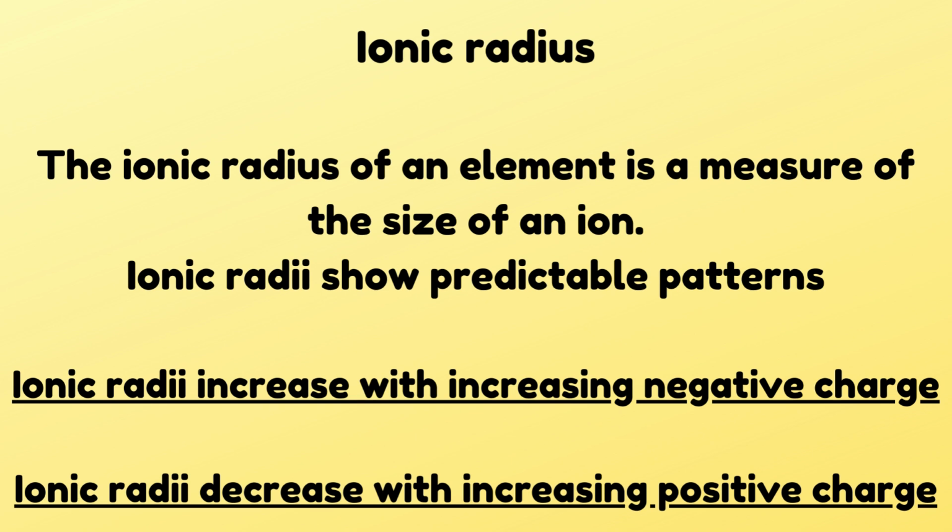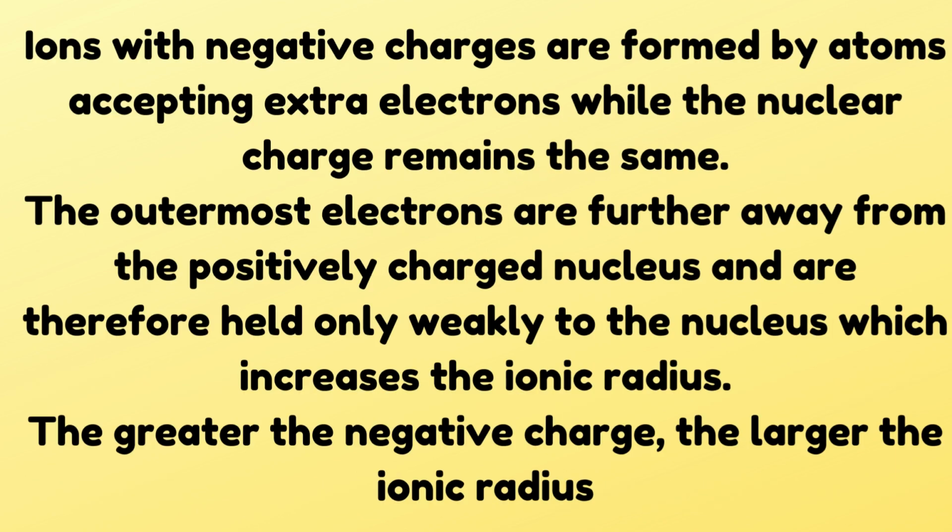Ions with negative charges are formed by atoms accepting extra electrons, while the nuclear charge remains the same. The outermost electrons are further away from the positively charged nucleus and are therefore held only weakly to the nucleus, which increases the ionic radius. The greater the negative charge, the larger the ionic radius.